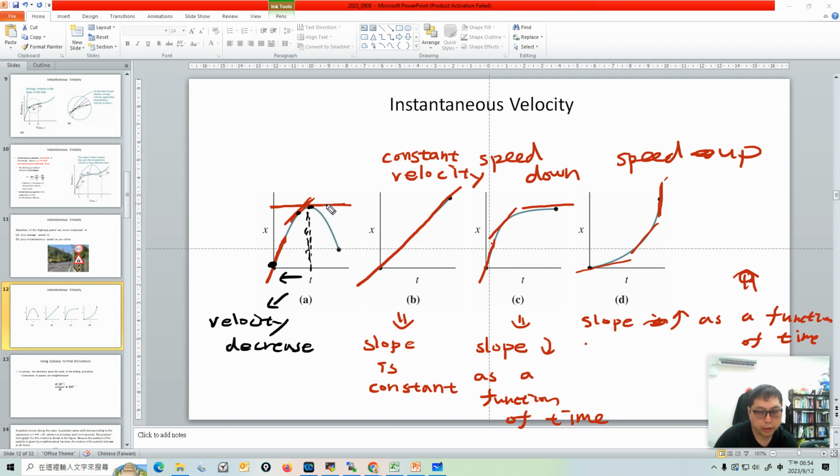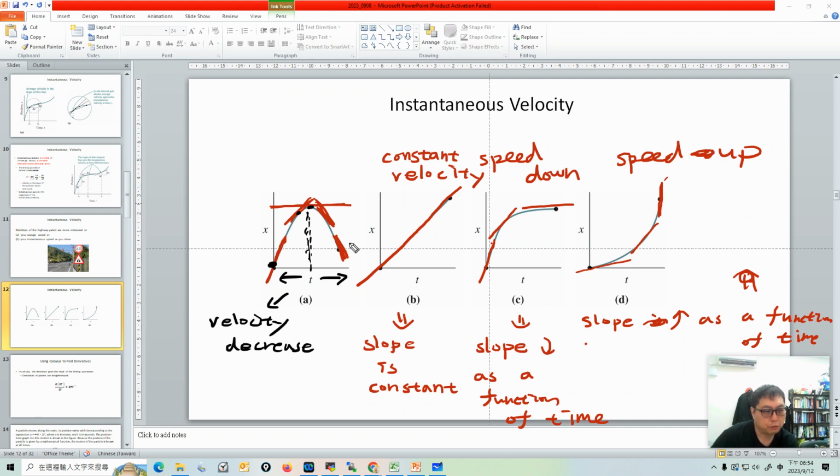And on the right hand side, what's happening? Let's see the slope. How to say? Can I say the slope increases?